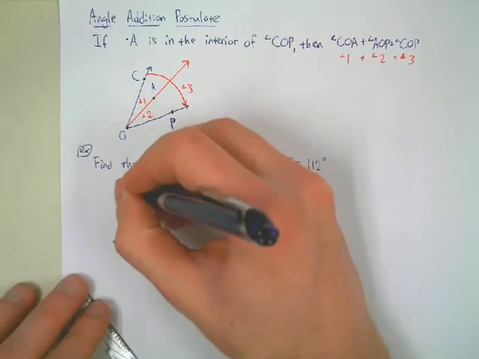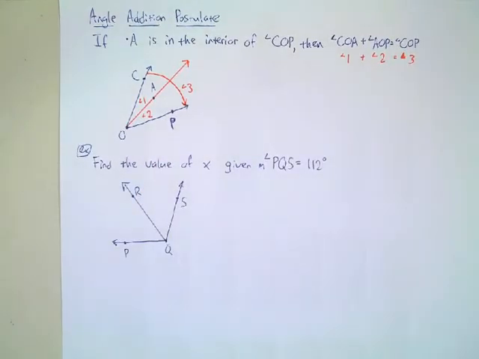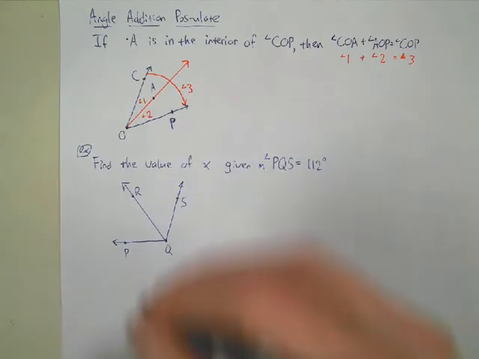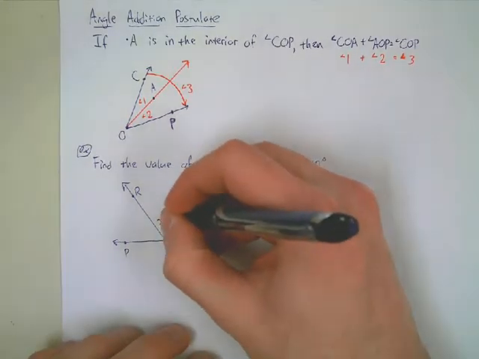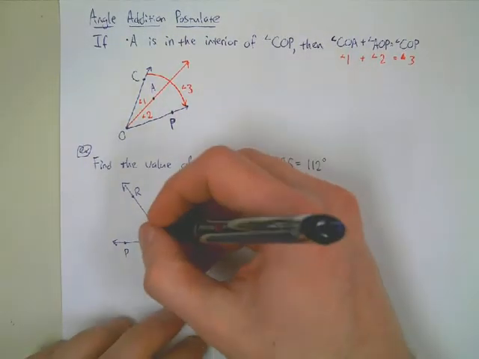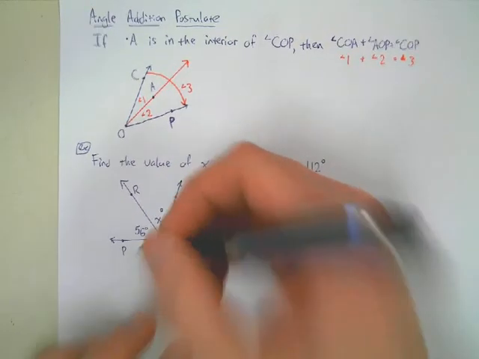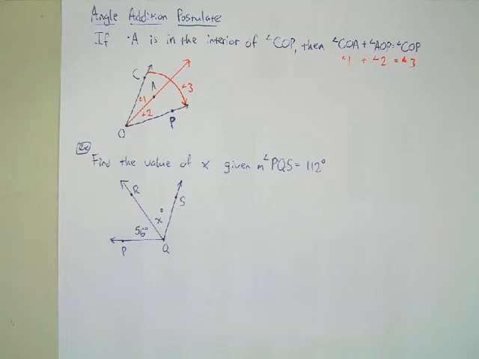Let's call this R, and we'll say that this angle right here is x degrees, and this angle right here is 56 degrees. So there's our setup. If you feel like you can already do it, feel free to jump ahead and get started, and I'll call on someone here.